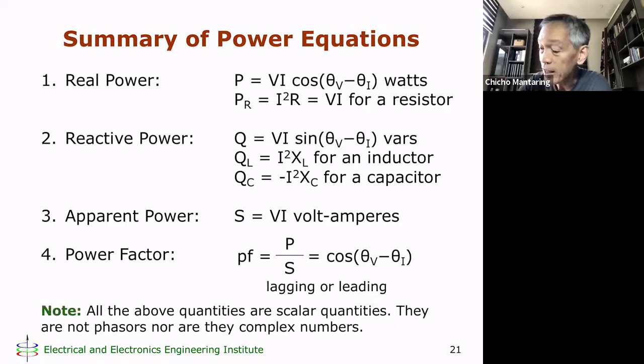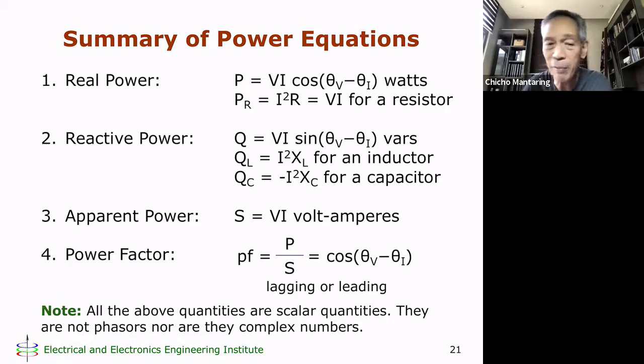All these quantities, P, P of R, Q, Q of L, Q of C, S, PF, are not phasors, neither are they complex numbers. These are all just scalar quantities. A lot of times I see people confused about what is a phasor and what is not. None of these quantities are phasors.